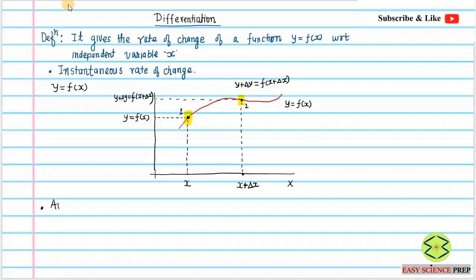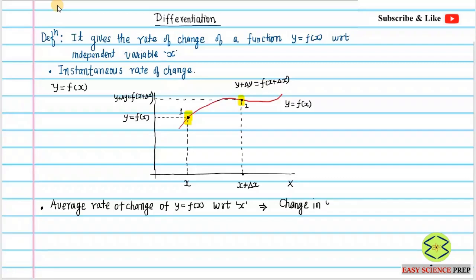In average rate of change, the change of y equal to f of x with respect to x, if I want to find this particular quantity, then it is given by change in y divided by change in x.